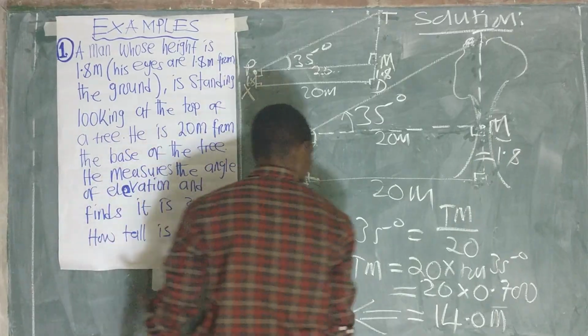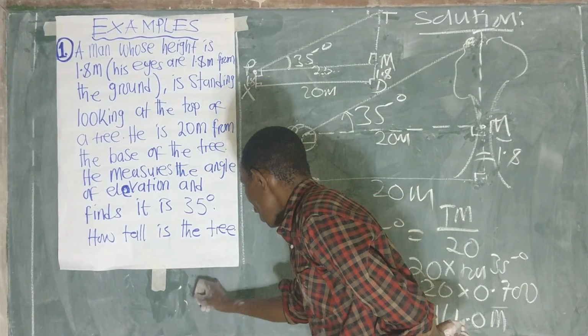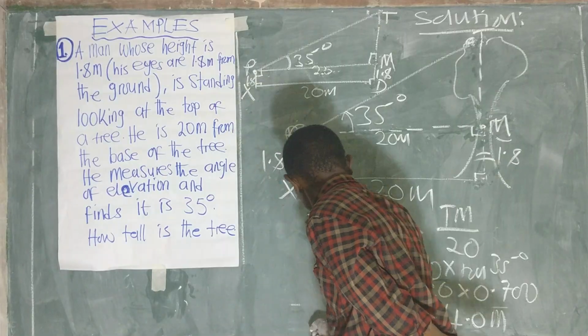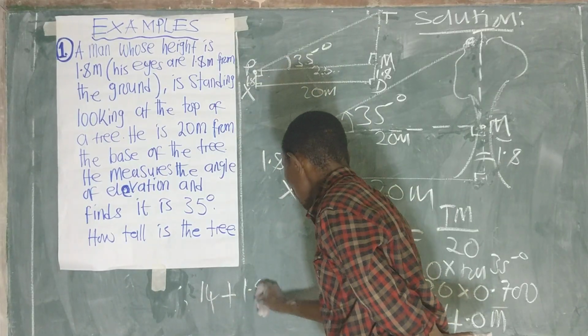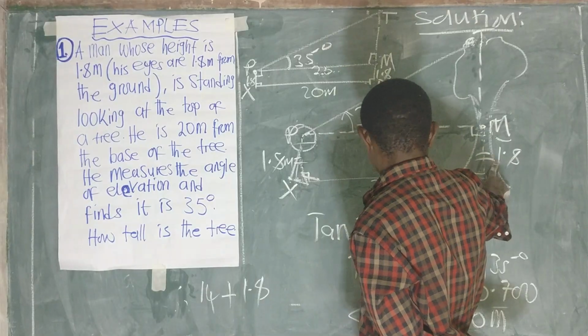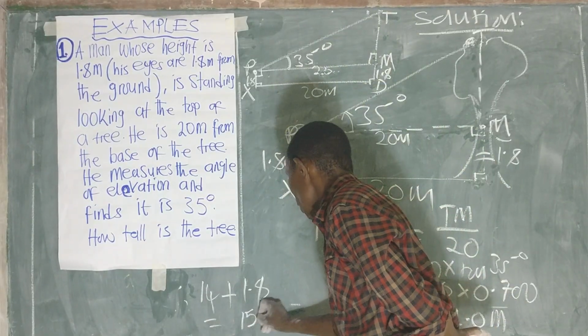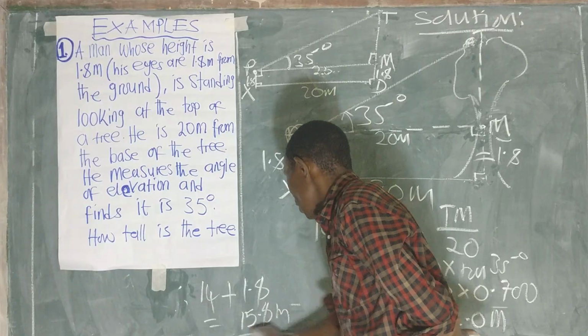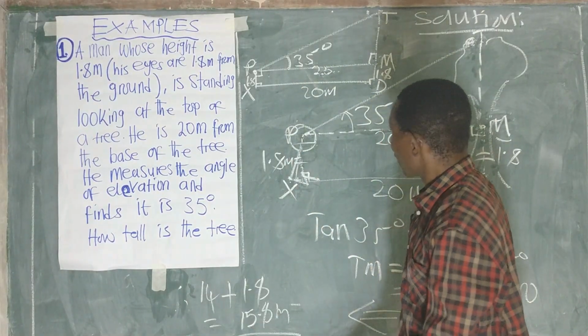So from here, we go to a conclusion to say, therefore, the height of the tree will be equal to 14 plus 1.8, that's meters. So this gives us what? 15.8 meters. So it means the tree is 15.8 meters tall.